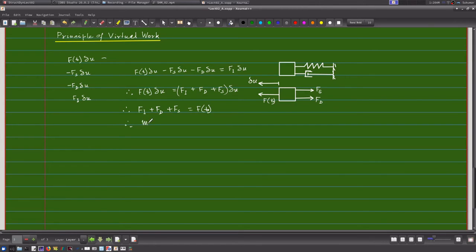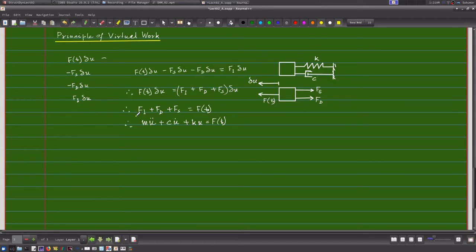Inertia is given by m u double dot, because my displacement is u, that's why the virtual displacement is delta u. So plus c times u dot, if my damping coefficient is c, and if my spring coefficient is k, then I have k times u equal to Ft. So I again get back the same equation which we had already got.